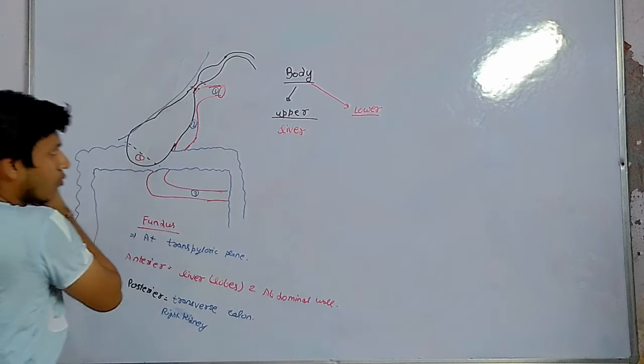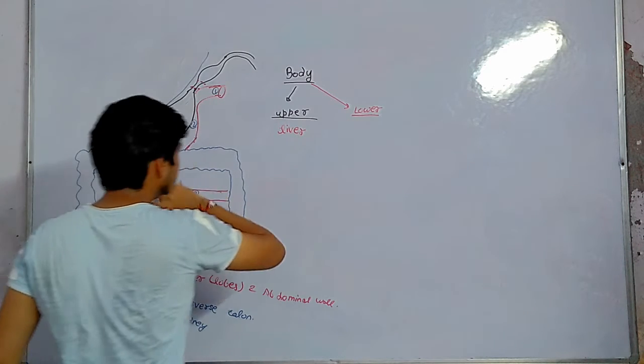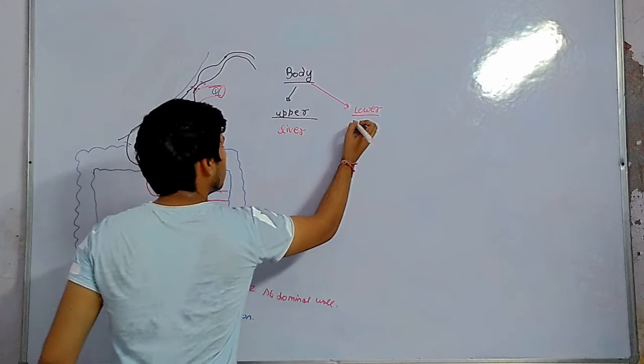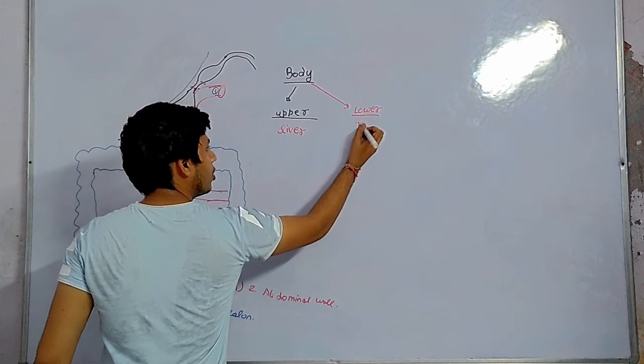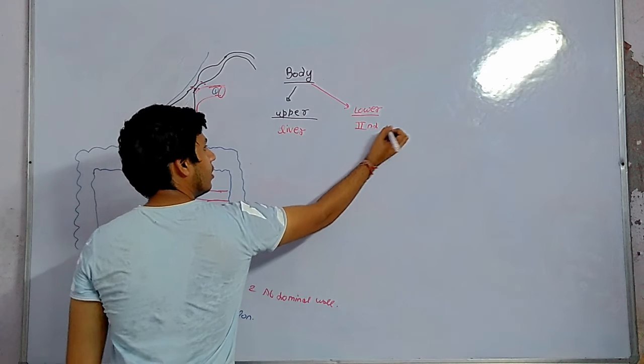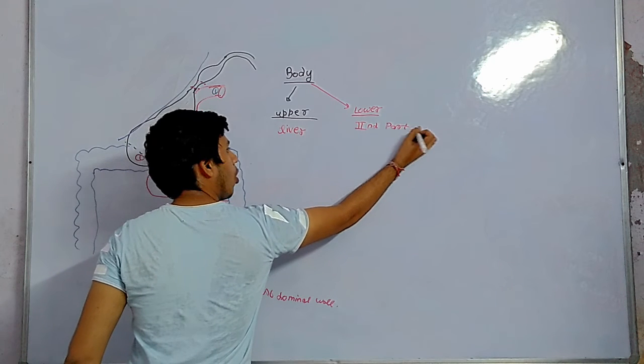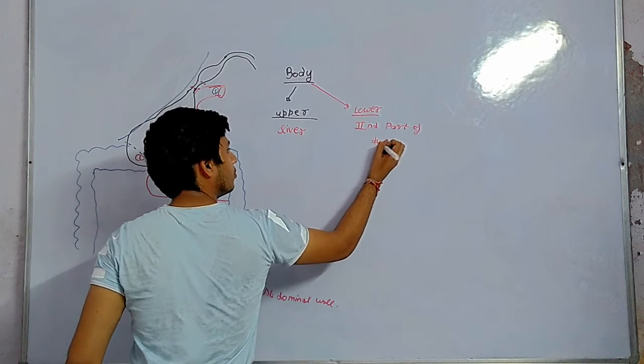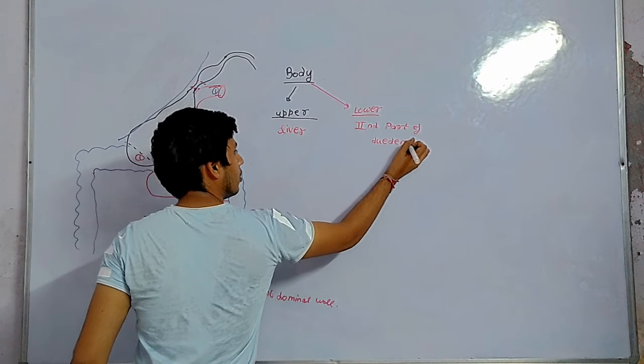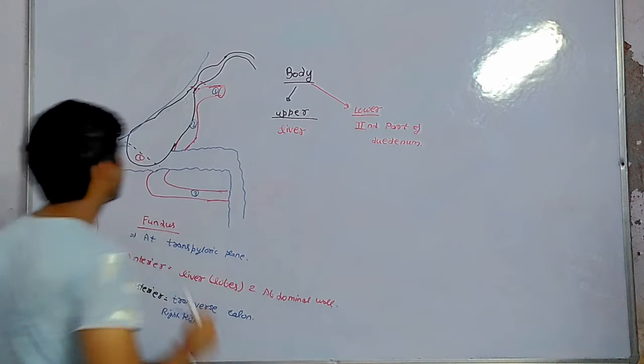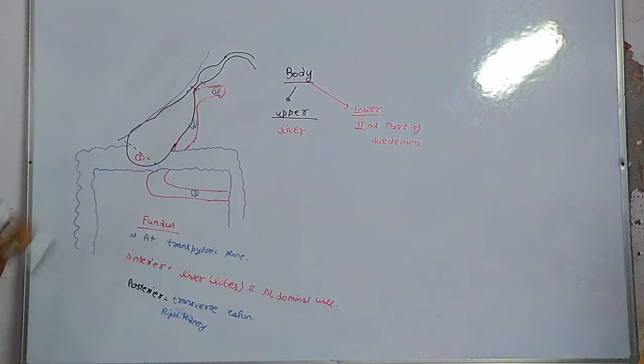What relations do we have? We have the relation of the second part of the duodenum. Done. These are relations again. Second part of the duodenum.